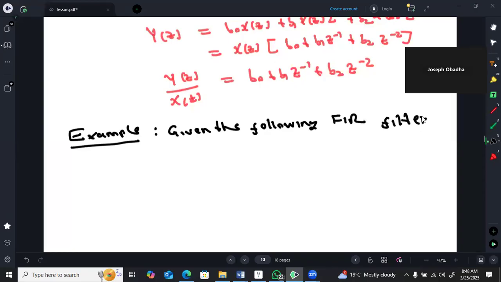Given the following FIR filter, y of n equal to 0.1 x of n plus 0.25 x of n minus 1 plus 0.2 x of n minus 2.